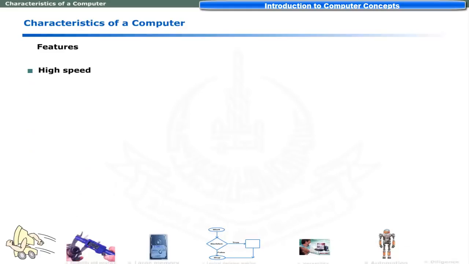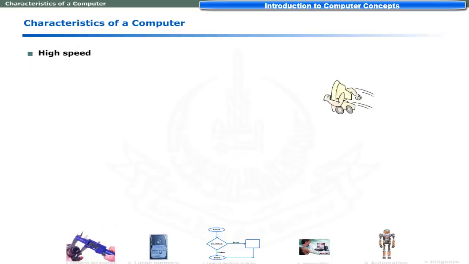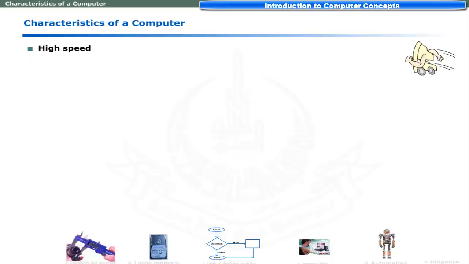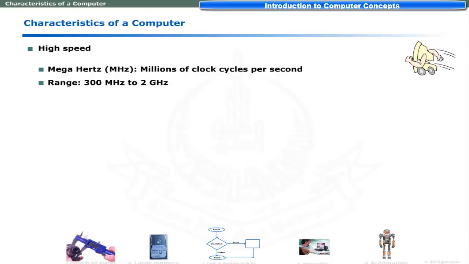First feature of computer is its speed. The speed of personal computer is measured in terms of megahertz. That is, millions of clock cycles generated by microprocessor clock in 1 second. Most modern microcomputers are rated from 300 megahertz to 2 gigahertz.